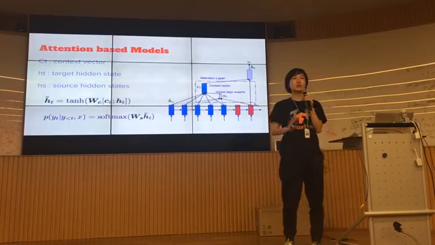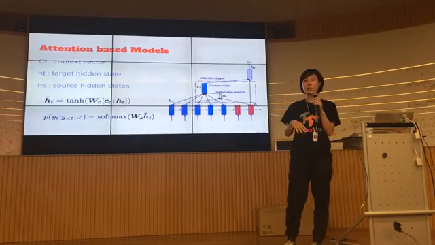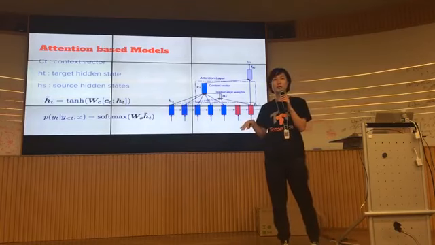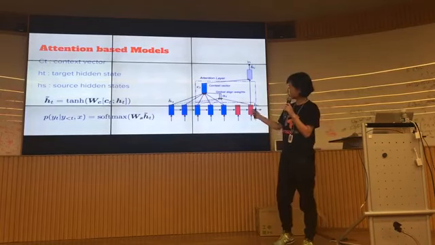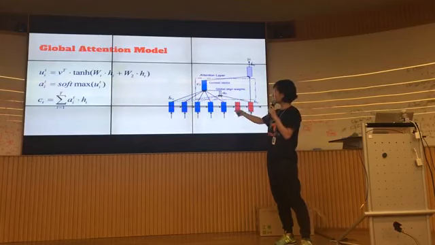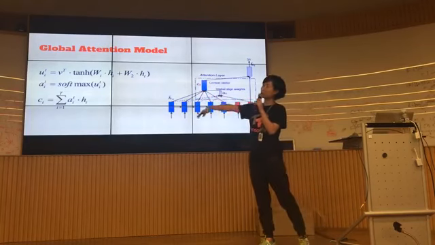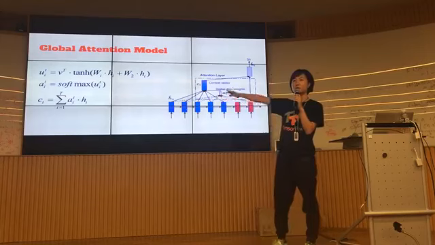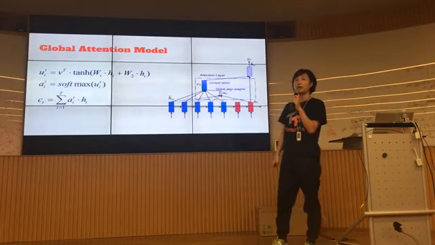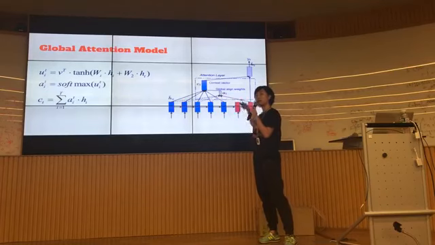There are two different types of attention models: one is global and the other is local. This picture shows the global attention model. I think most of you are familiar with these functions. This is how to calculate CT in global attention.